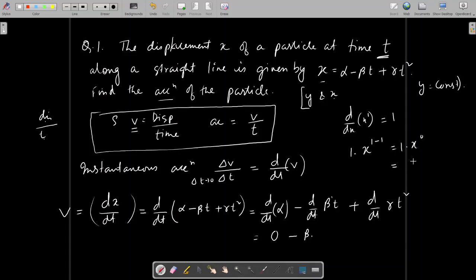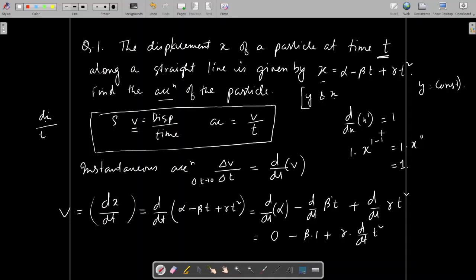Anything to the power 0 is always equal to 1. Therefore d/dx of x is 1. Now beta is a constant, so it comes ahead, and d/dt of t is again 1. So I'll directly put 1 here, plus now gamma d/dt of t square.